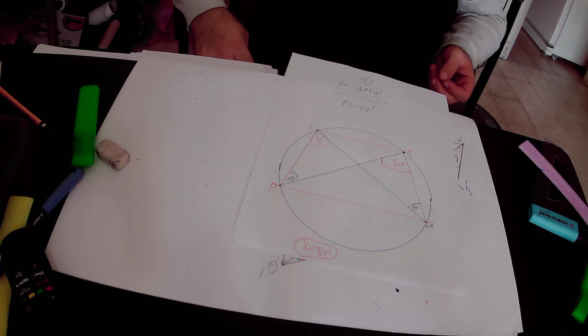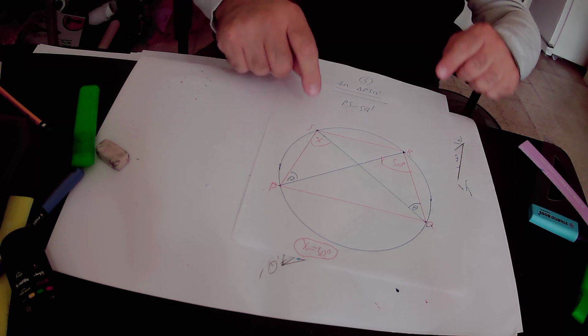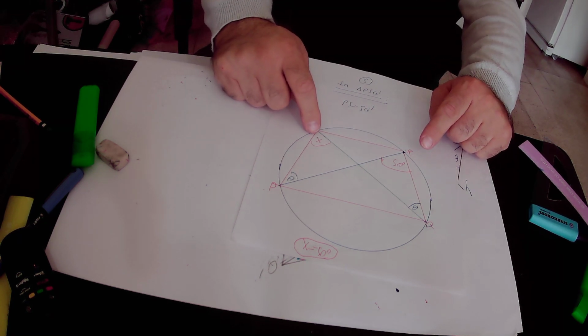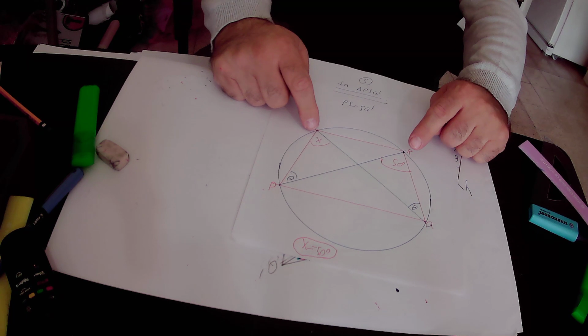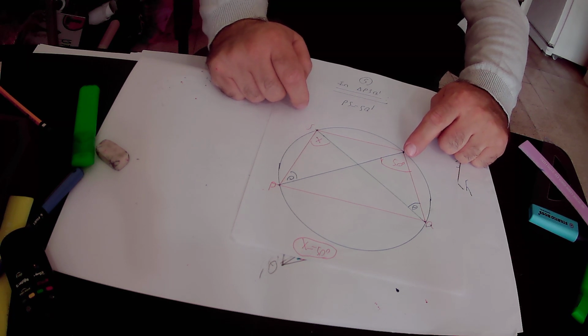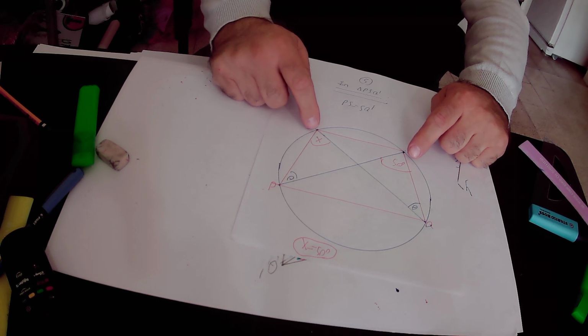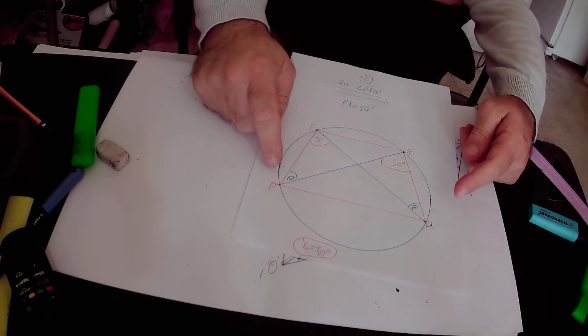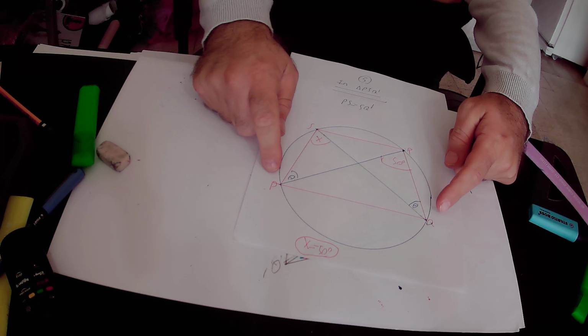So here we have two peripheral angles. Angle x is a peripheral angle, and this angle PRQ that equals 50 degrees is also a peripheral angle, and those two peripheral angles subtend the same chord, that is to say they both subtend chord PQ.